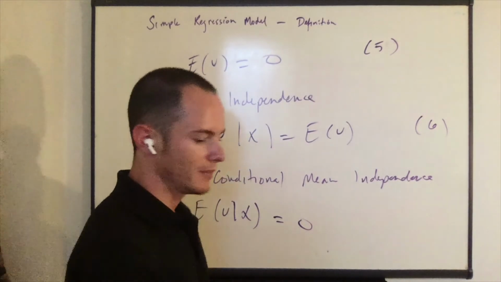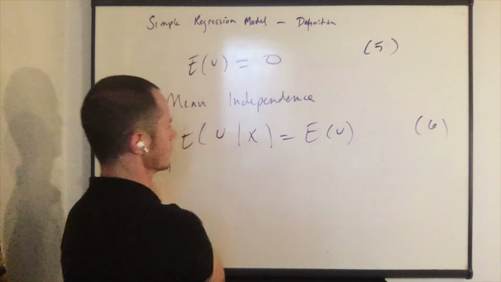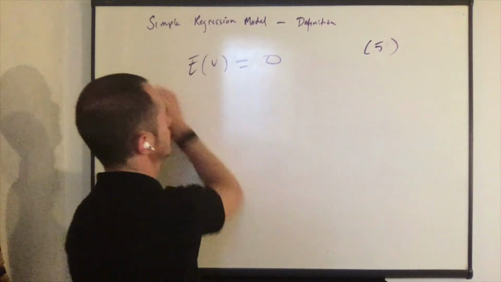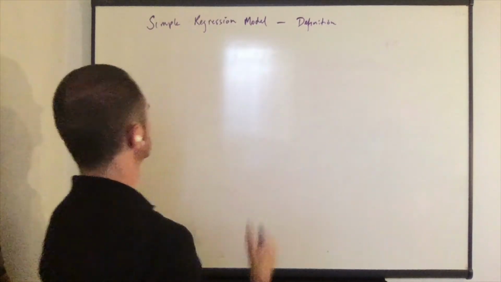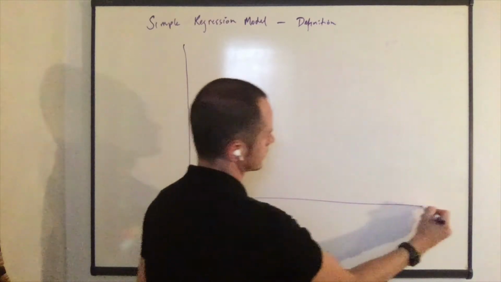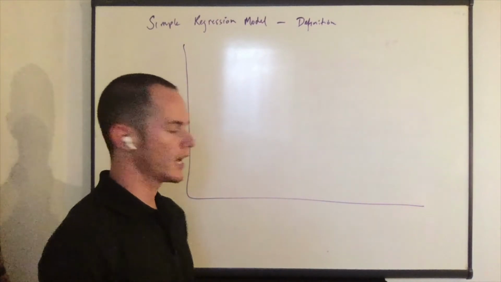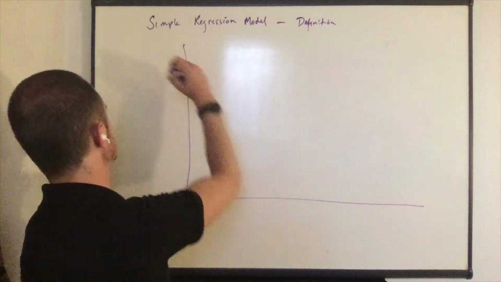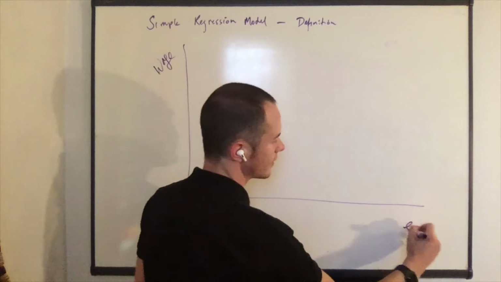Let's look at what we mean by this on a plot. Say that we are still looking at predicting wage given different levels of education.